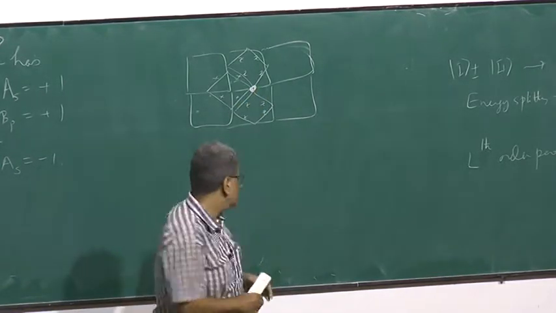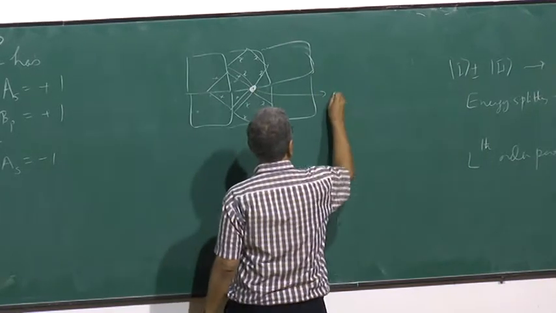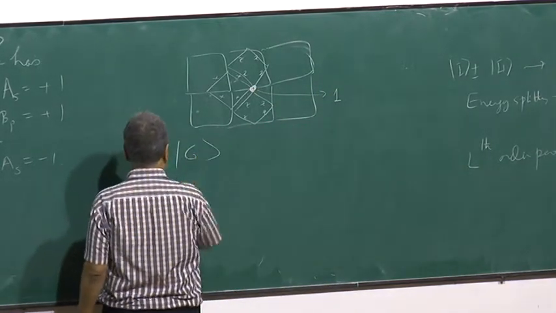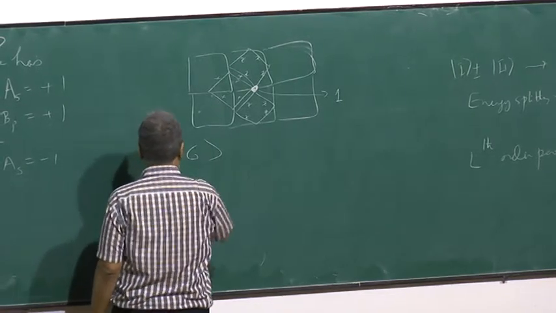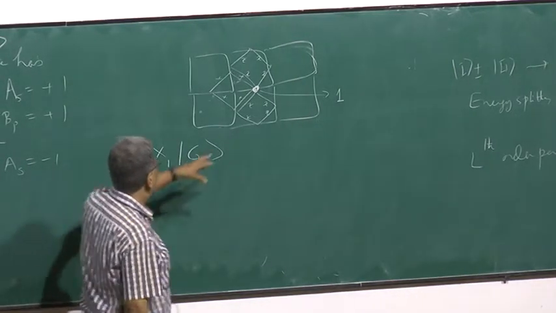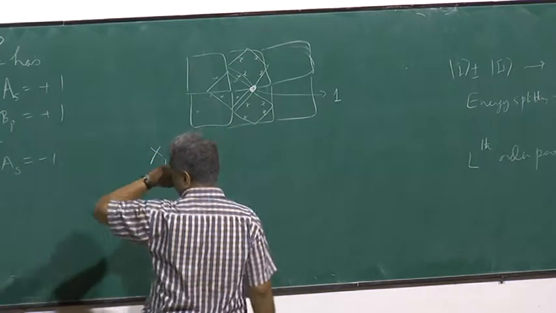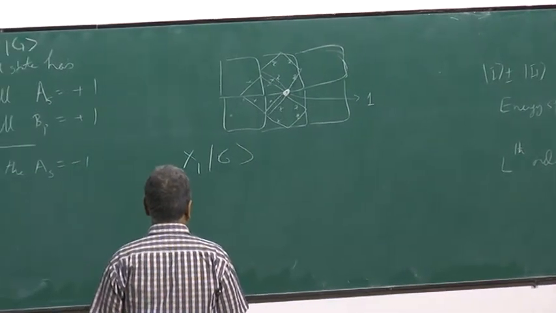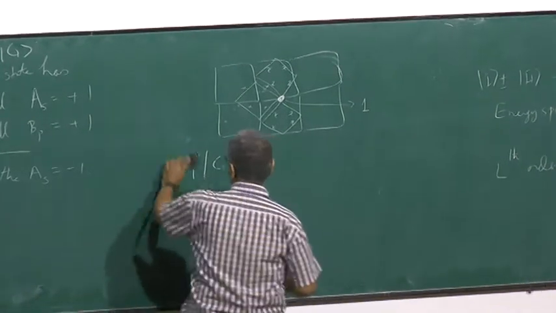Let me give this a name, site number 1. If I take that ground state and act on it with x1, will that do the job? No, that won't do the job. Not x1, z1.